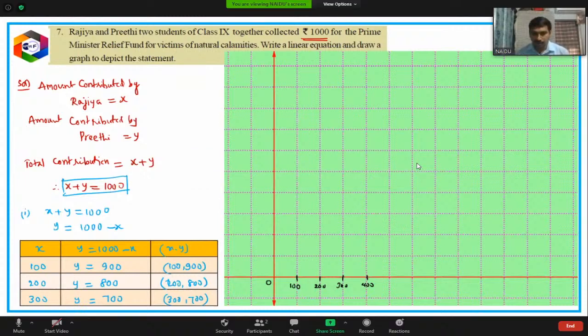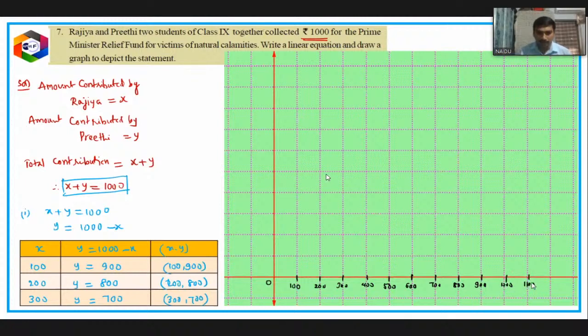So this is 500, 600, 700, 800, 900, 1000 and 1100. Now same way on the y-axis, 100, 200, 300, 400, 500, this is 600, 700, 800, 900 and 1000 here.